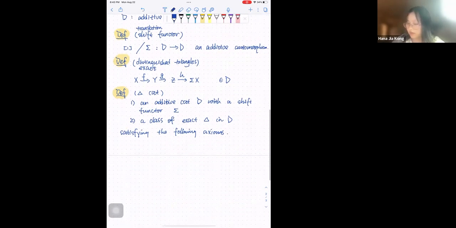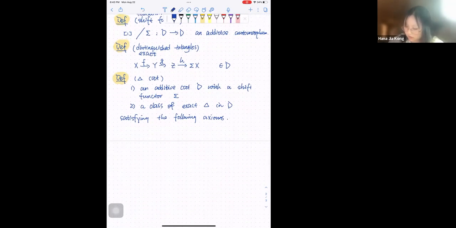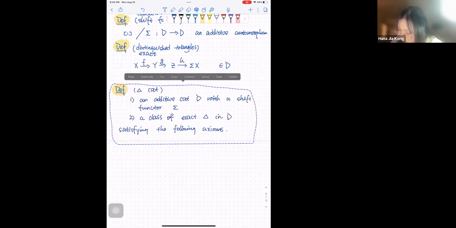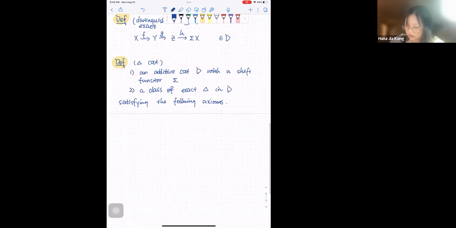And let me write down these axioms. So we have 4 axioms. The first axiom, there are 3 subparts.